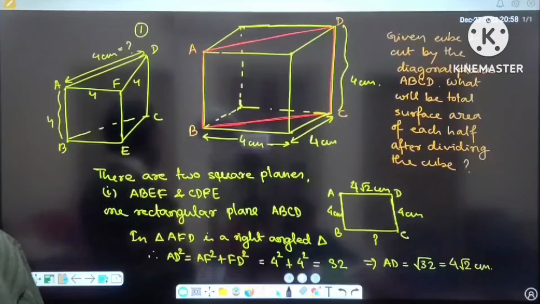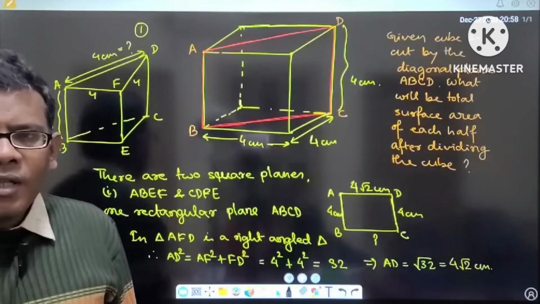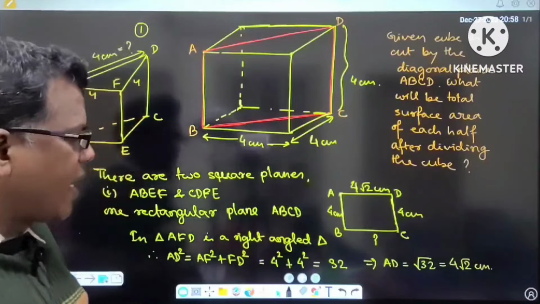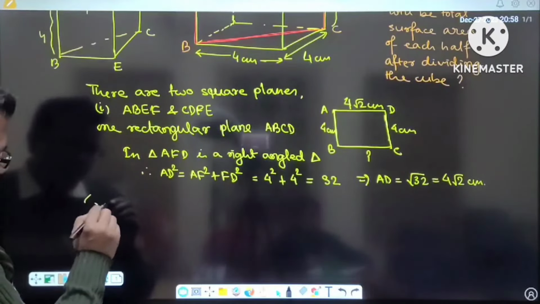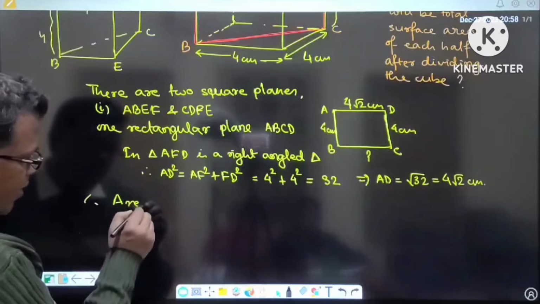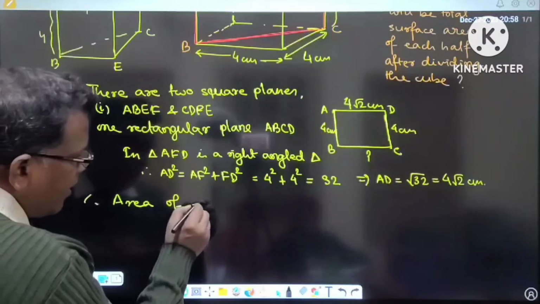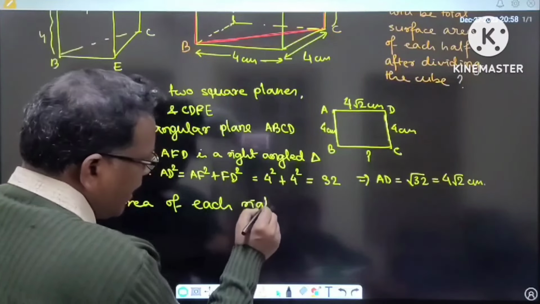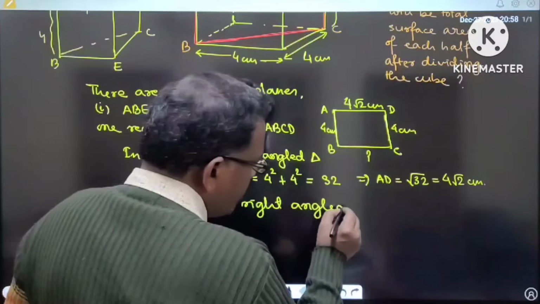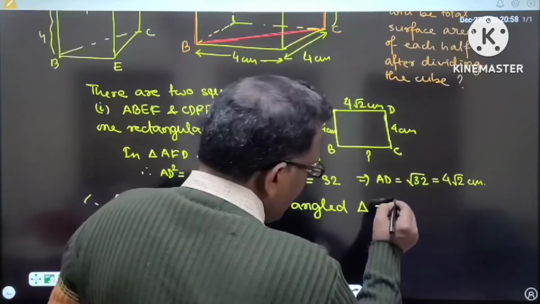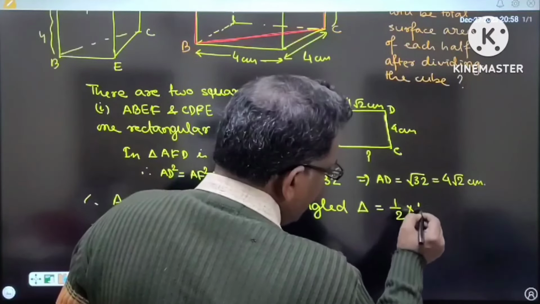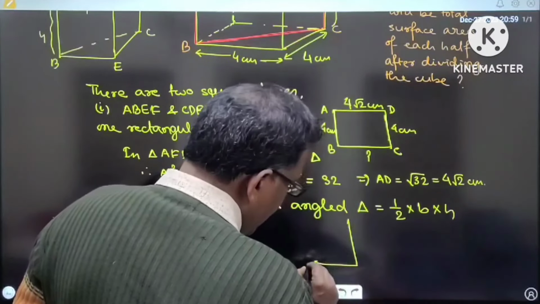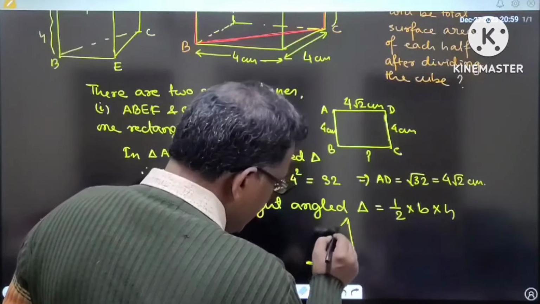They are right angled triangles. So you must be able to answer the area of a right angled triangle. Therefore, the area of each right angled triangle will be half base into height.